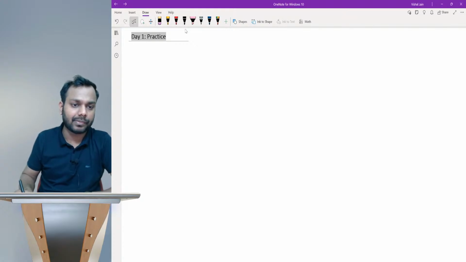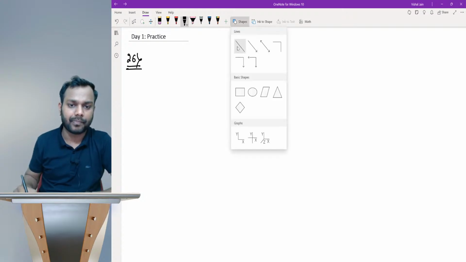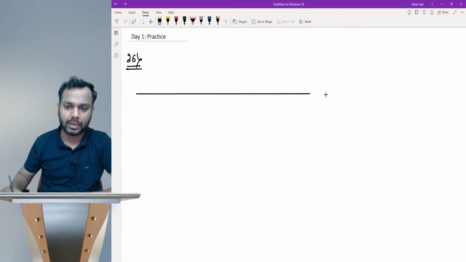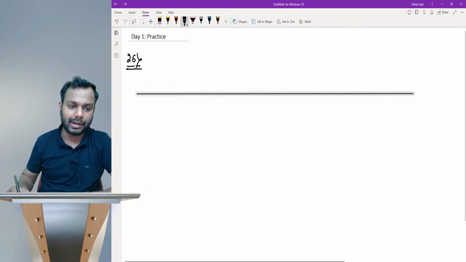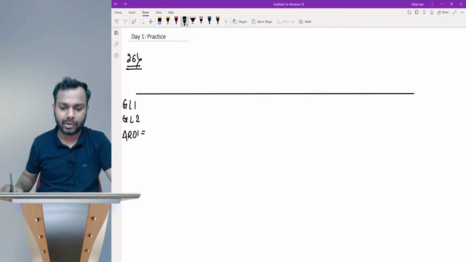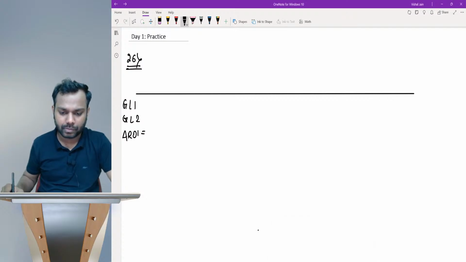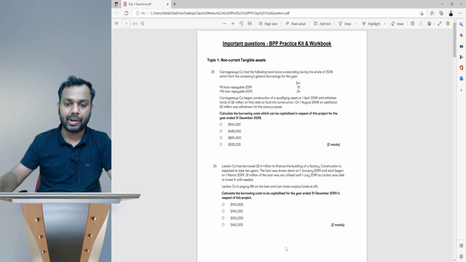Question number 25. So it says it has two loans here. What is the average rate of interest? Can anyone calculate and tell me what is the average rate of interest?